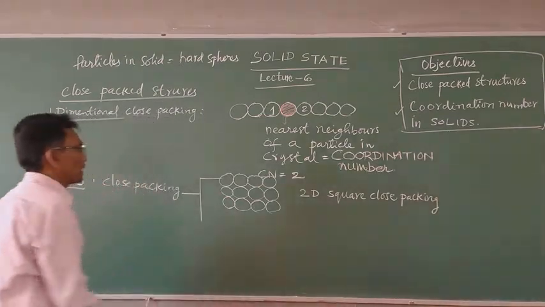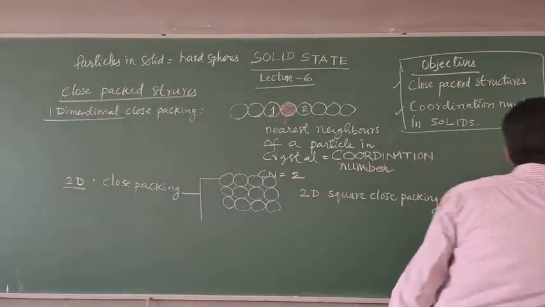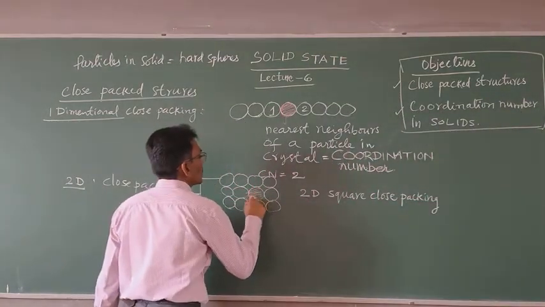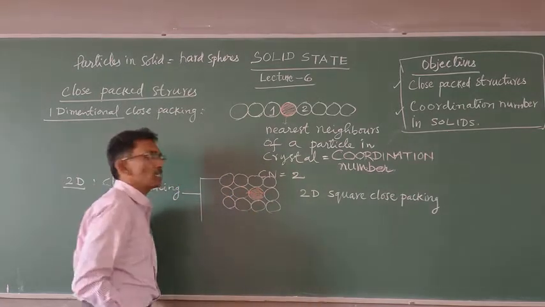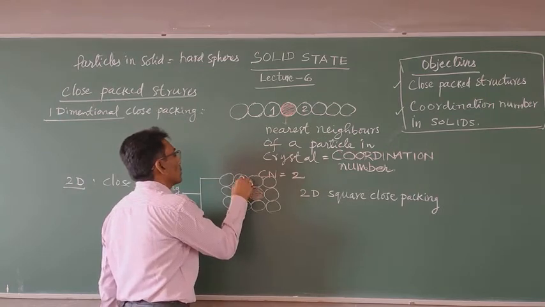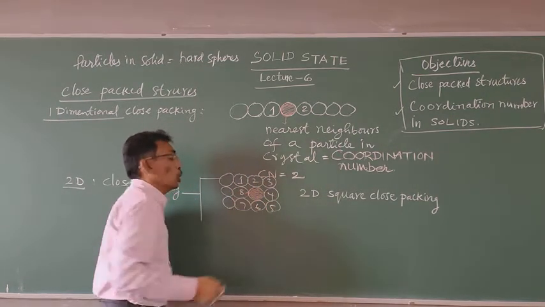Right, select a particle and it is surrounded by how many other spheres? Select a particle. I would like to select this one. Nearest neighbors I want. It has nearest neighbors, so I would like to mark some atoms 1, 2, 3, 4, 5, 6, 7, 8.